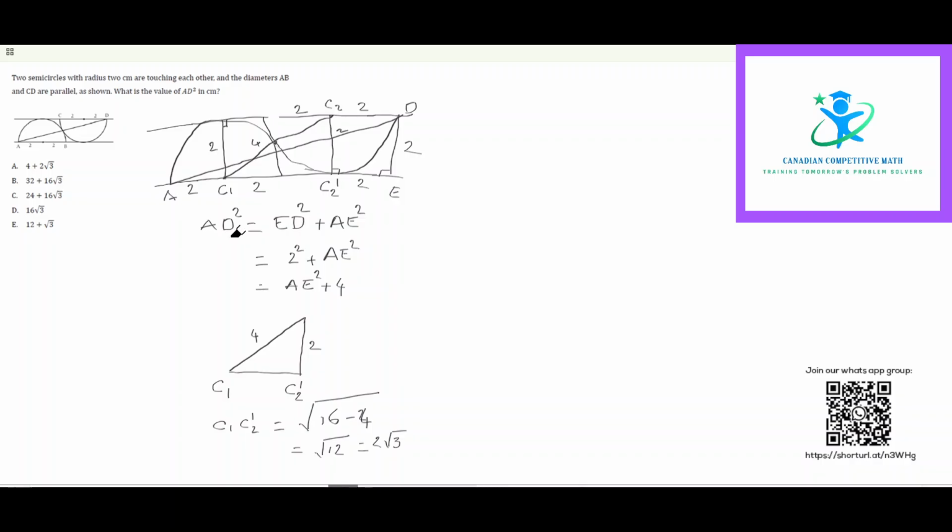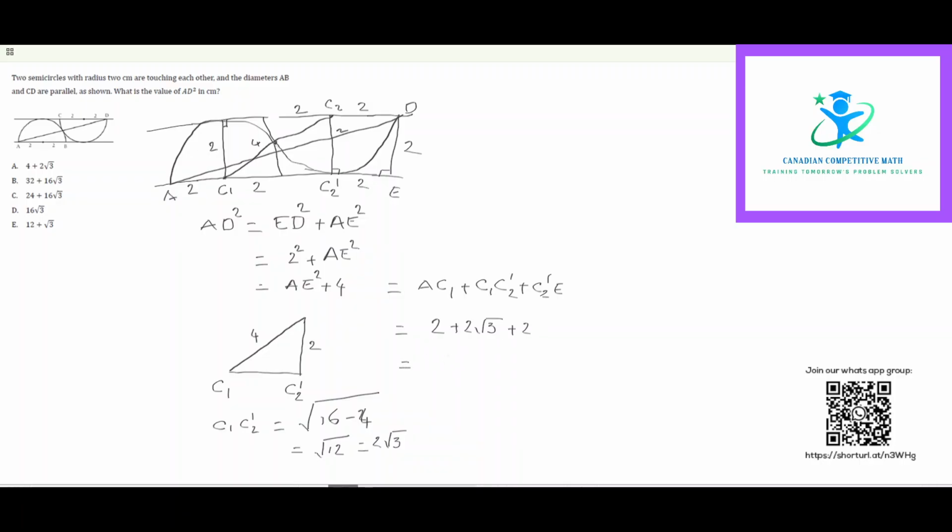So from this we know that AD square is AE square plus 4, and AE we can write as AC1 plus C1 C2, actually C1 C2 dash plus C2 dash E. This will be equal to 2 plus 2 root 3 plus 2.